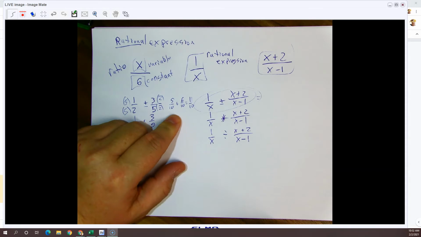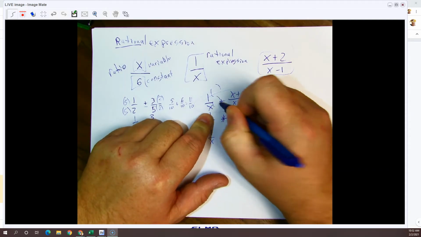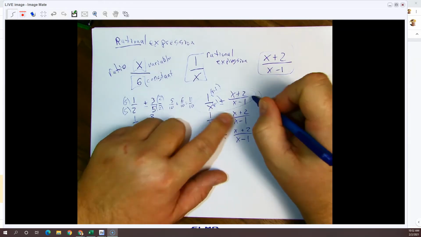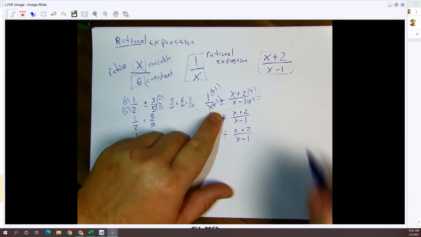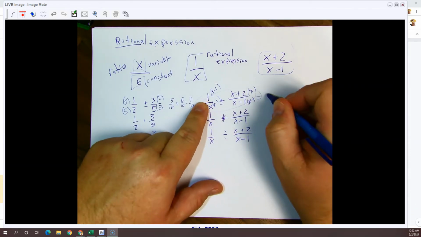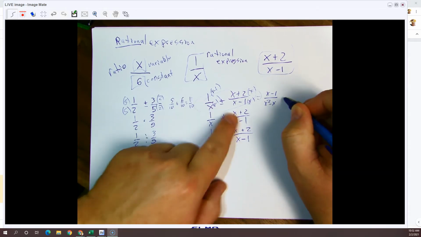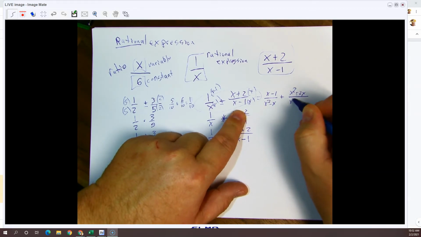I'm going to leave it 11 tenths because when I go over here and find the common denominator, x minus 1, and multiply by x and x, I am going to put all of this together because I have x minus 1 over x squared minus x plus x squared plus 2x all over x squared minus x.